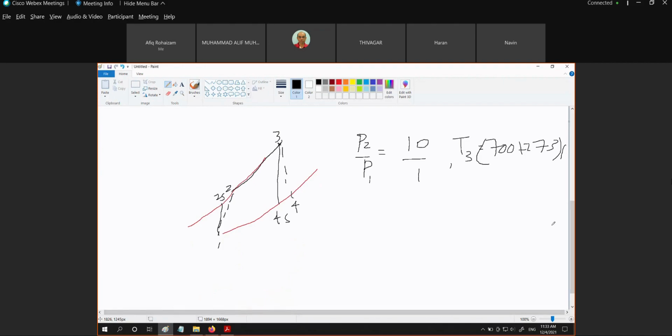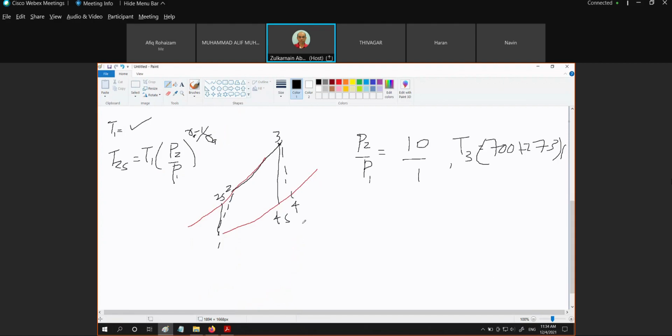Okay. So basically the T1 is given as the ambient condition. Then we need to get what is T2S. So the T2S is equal to T1 multiplied by P2 over P1, the overall pressure ratio, to the power of gamma minus 1 over gamma. Okay, in this textbook it is using gamma, and this should be the gamma for the air.